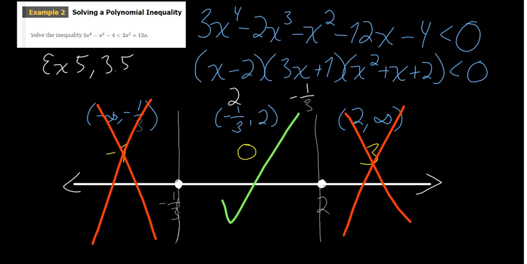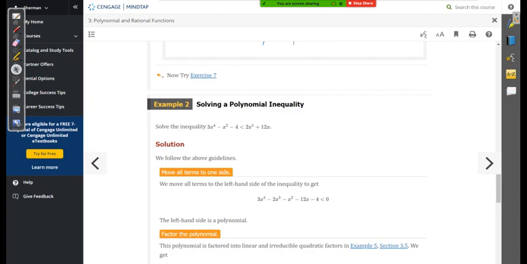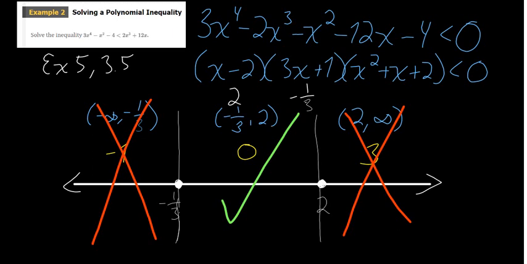And similar to the last problem, I'll just go ahead and re-snip and do this on a new slide. -1/3 to 2. Okay. And yes, we do use the parentheses here because it is a strictly less than symbol.